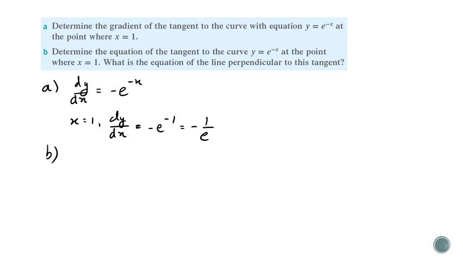Part B. Determine the equation of a tangent. So we have the gradient, so just y minus. Oh, we need to actually find what y is first. The y is e to the power negative 1, which is 1 over e.